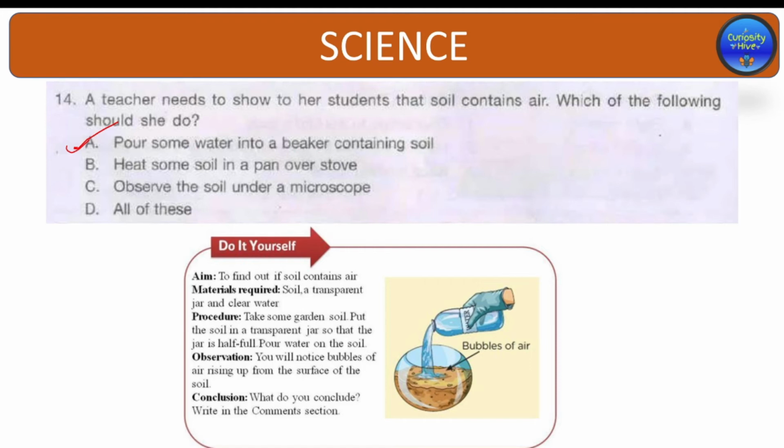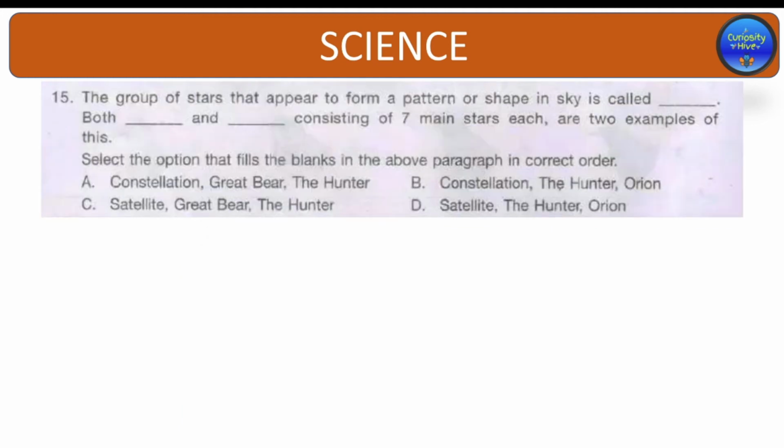Alright, let's look at the next question. The group of stars that appear in form of a pattern or shape in the sky is called dash. Both dash and dash, consisting of 7 main stars each, are 2 examples of this. Well, I hope you get the right answer, and if you have visited a planetarium, definitely you'll get the right answer.